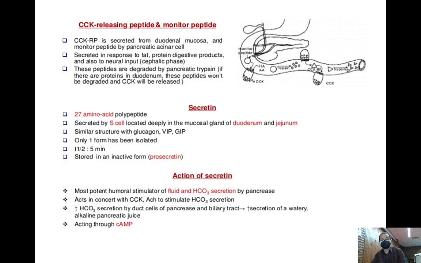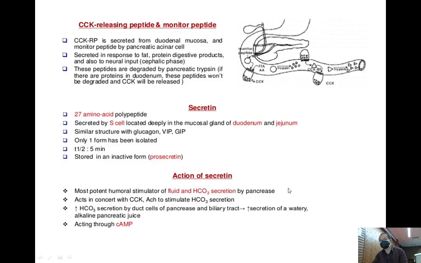So what it does is that it acts on the ductular cells which are present in the liver, the ducts going into and out of the gallbladder, and then the pancreatic ducts, and also the centroacinar cells in the pancreas.